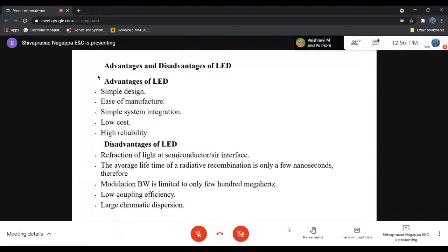So manufacturing these LEDs is very simple, and so it can be manufactured in arrays and pin strips and all those things you are seeing.